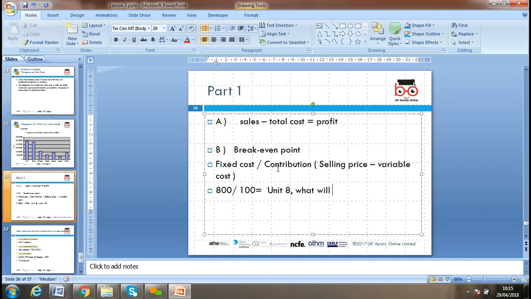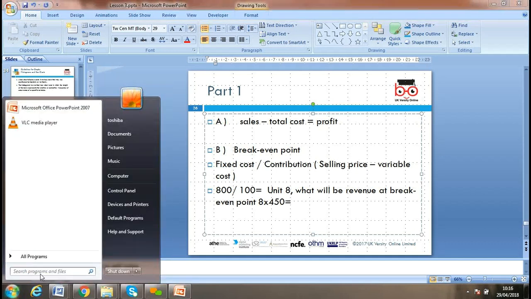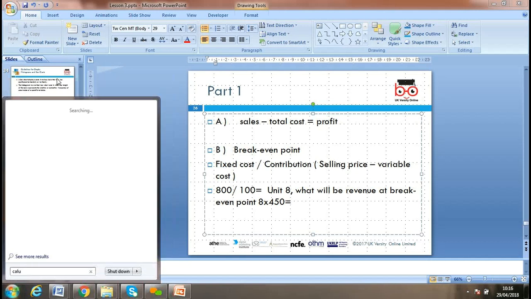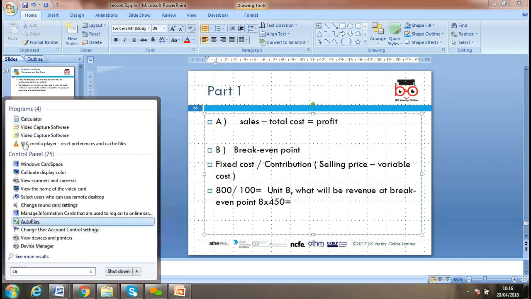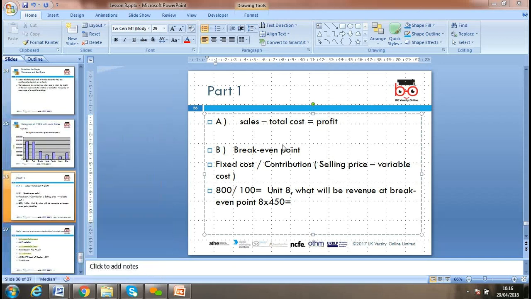What will be the revenue at the break-even point? 8 times 450. So what will come? We can calculate by using a calculator. Sometimes the figures don't come directly, so it's good to use a calculator.